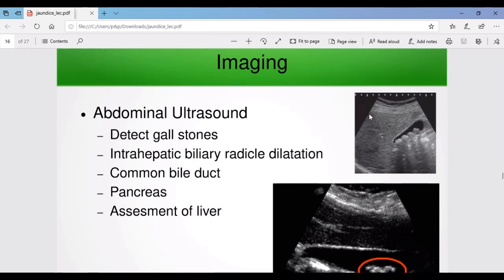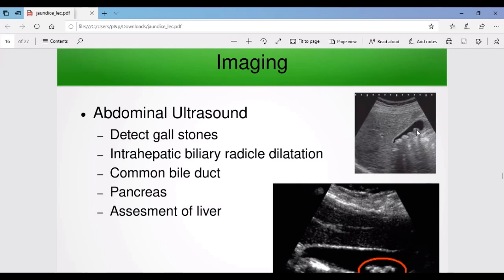In this picture, we see this is the liver tissue, the cut section of the liver, and on the underside of the liver, we have a pyriform shaped area with black inside. Black means fluid, so this is a pyriform area with fluid inside. This is the gallbladder.